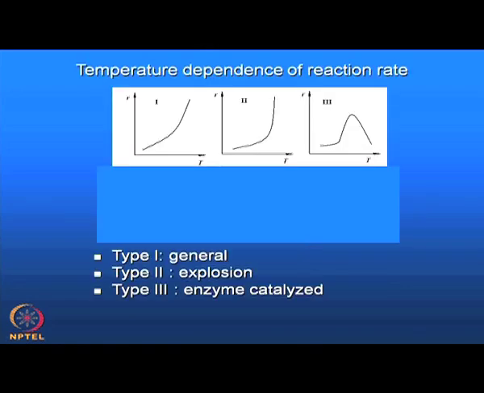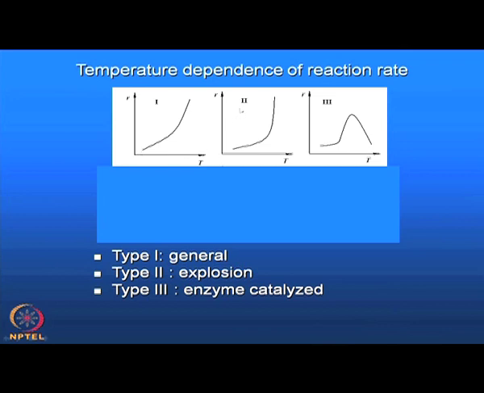Let us have a look into various plots of rate versus temperature for various types of chemical reactions. This is type 1, a general chemical reaction, where as you increase the temperature, the rate increases, close to an exponential fashion. These are the general chemical reactions generally carried out in laboratories.